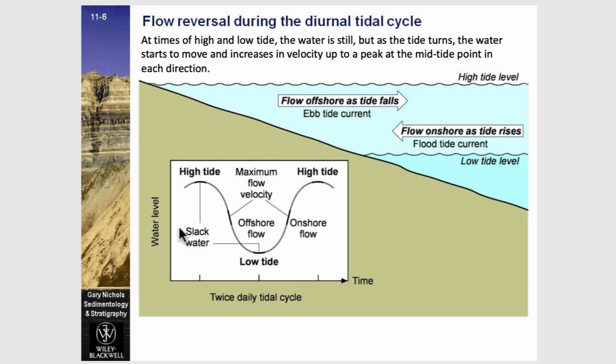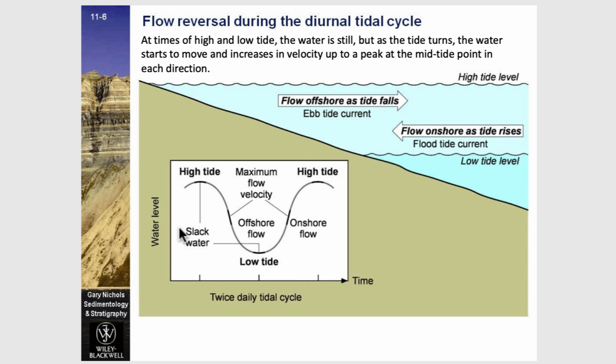So what are called mud drapes on ripple marks will often get preserved because of the polarity of the clays, and when they stick together they tend to get trapped essentially in these flaser or lenticular bedding sediments. So that's one really important structure that will be associated with tide dominated depositional environments.